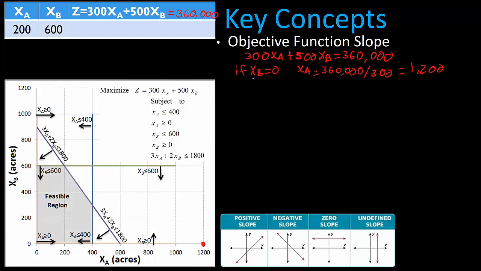Now the opposite, if XA is equal to 0, when it crosses the y-axis, XB will be equal to 360,000 over 500, and this will be 720.